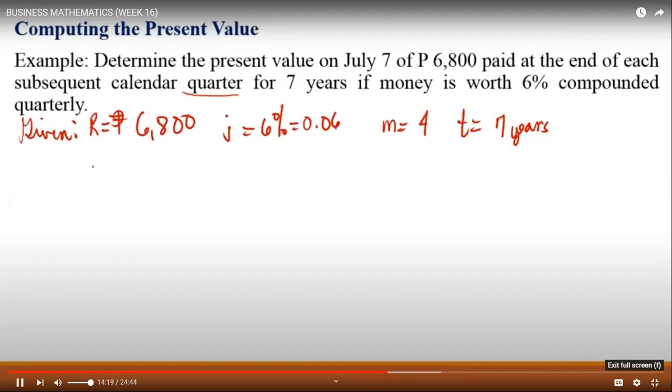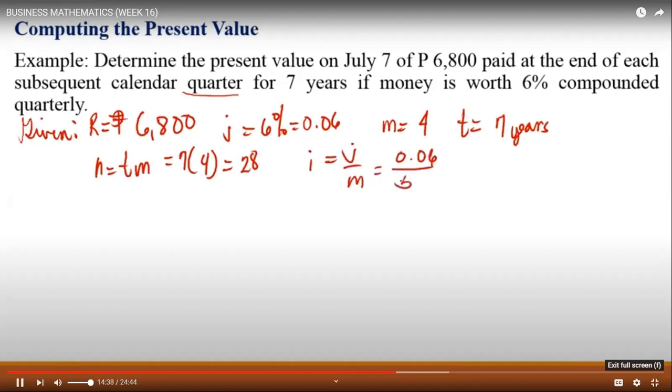Another one is the number of payments in the annuity, which is the product of time and the number of conversions per year. So 7 times 4, which is 28. And then the interest rate per compounding period is 0.06 over 4.